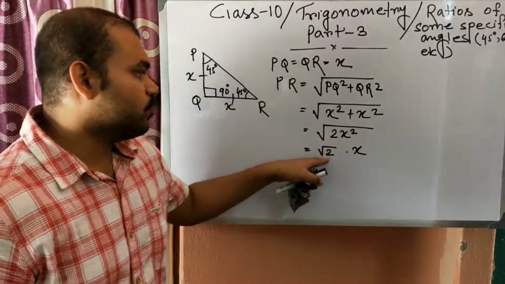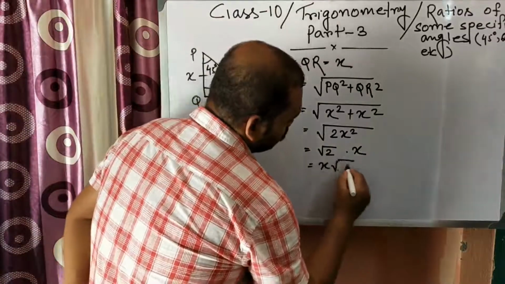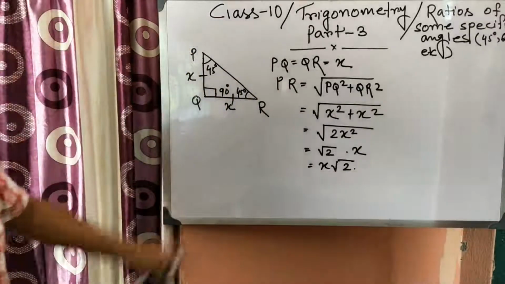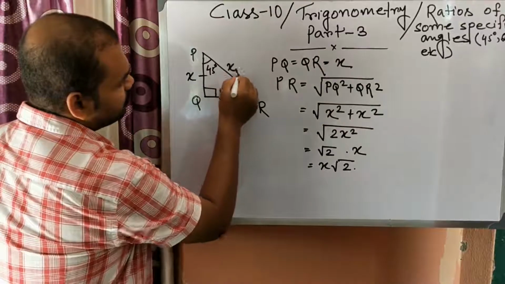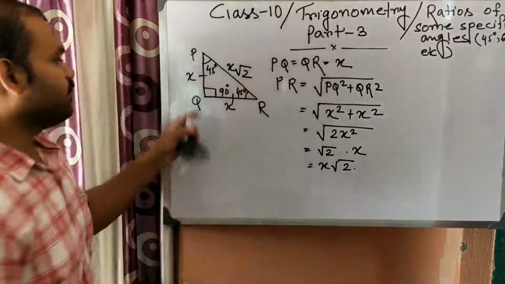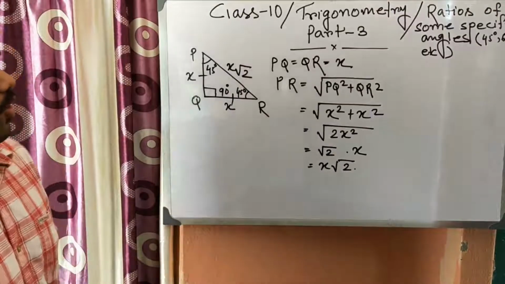So you can write x root 2. Okay, so now you have all the values of perpendicular, base and hypotenuse. Now you can easily find out all the ratios of 45 degree.